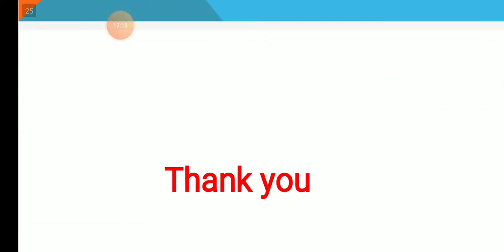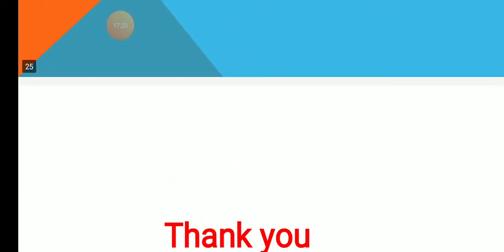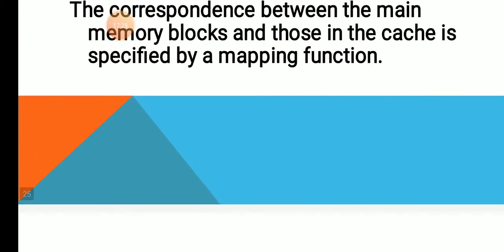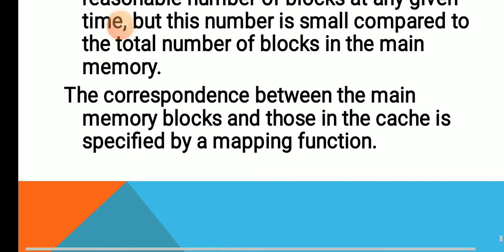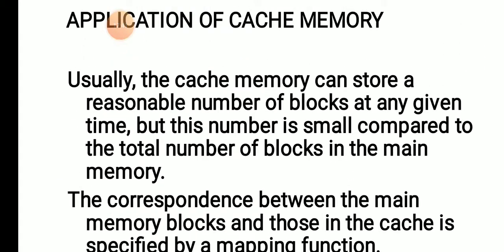So thank you for attending this session. I hope you are enjoying and understanding these concepts. Again, we will revise this. What concepts did we study in this class? First is the cache memory concept: what is cache memory?